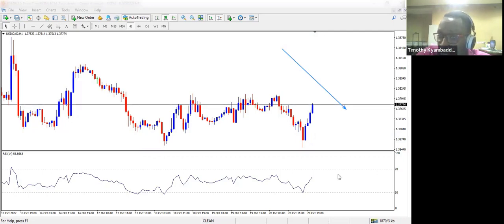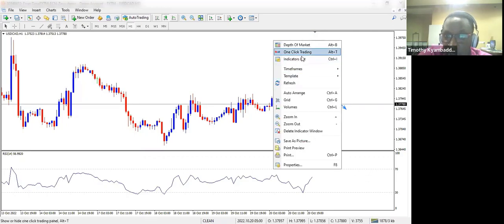So on the RSI, we always mark out the 70 level and the 30 level. And you see those two levels are marked here. Maybe I can increase the thickness of those lines.